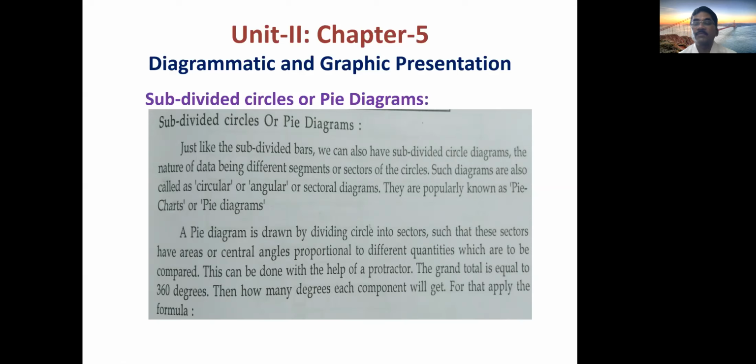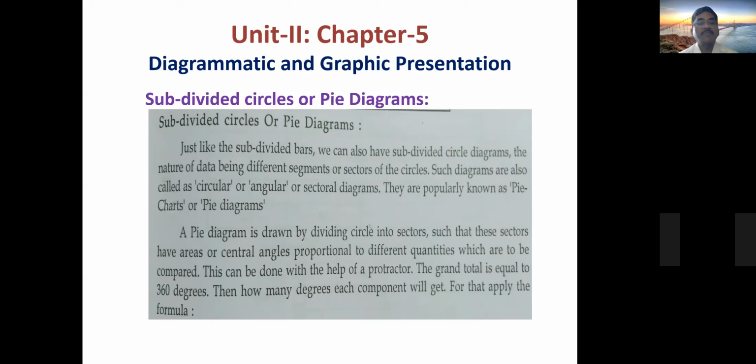I told you in the previous class, the data once we give as per the variables of the data, that will be segregated. That means the sections will be divided within the circle.